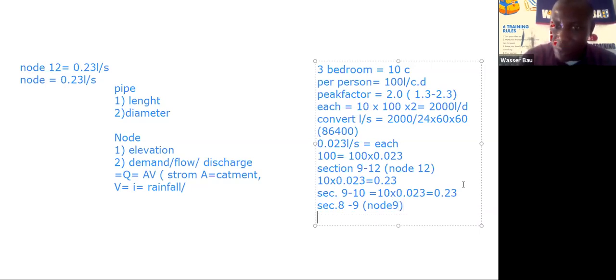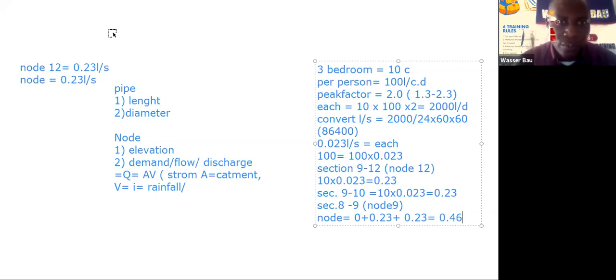So the value for node 9 becomes 0 plus, what is the value for node 12? 0.23, plus what is the value for node 10? Another 0.23. That will give you 0.46.